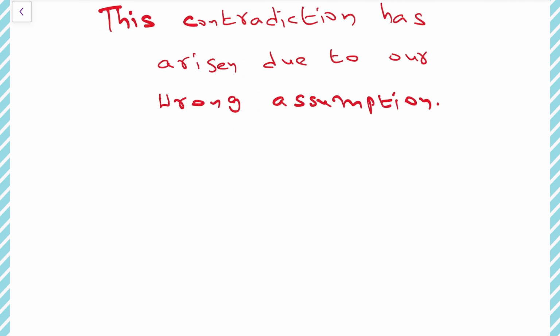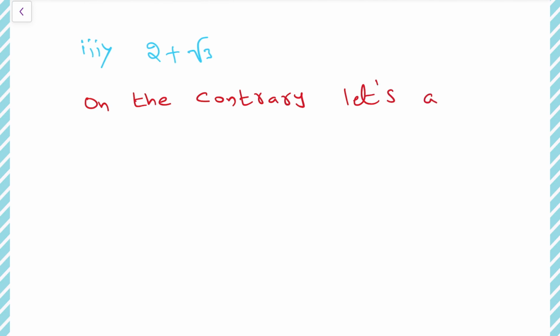Next, coming to question number 3. Show that 2 plus root 3 is an irrational number. First sentence as usual. On the contrary, let us assume 2 plus root 3 is a rational number.